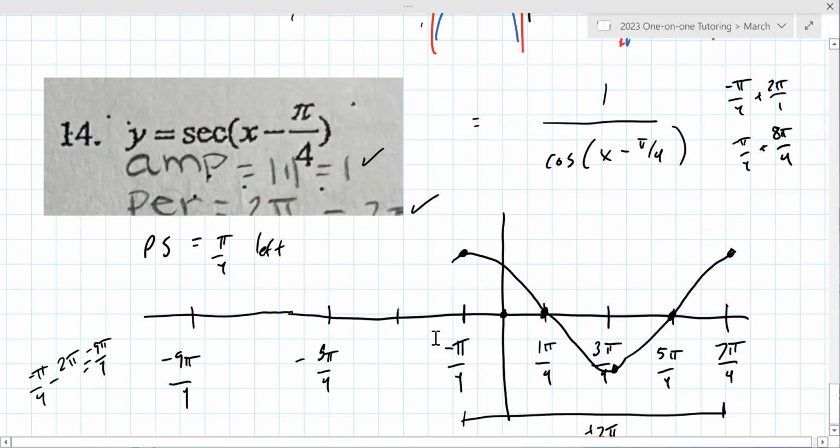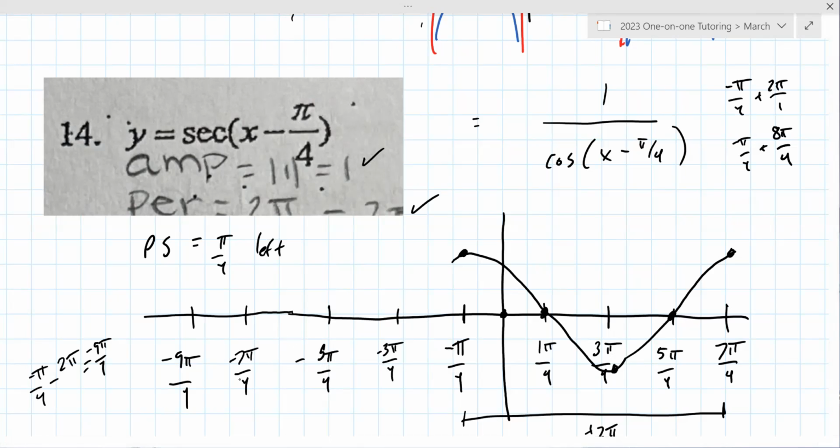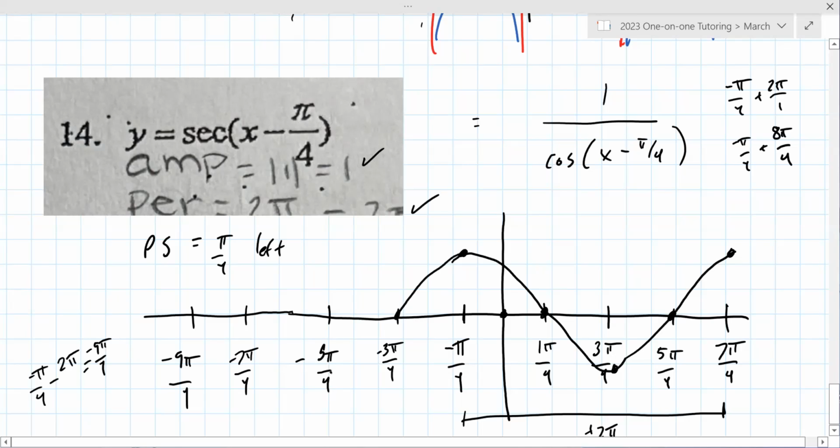What I'm looking at here is the numbers, like minus 1 to minus 5 means I'm going down 4, down 4. The midway between them is minus 3 pi over 4. And then the midway between this one is minus 7 pi over 4. And then you start coming down, hit the bottom, come back up.